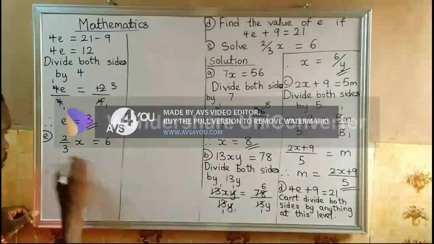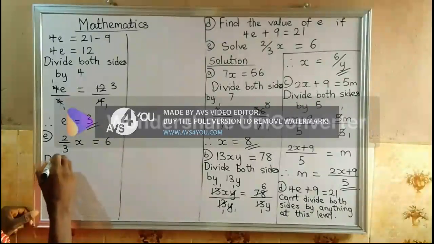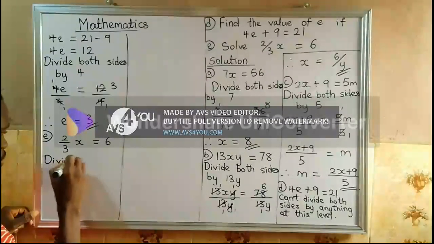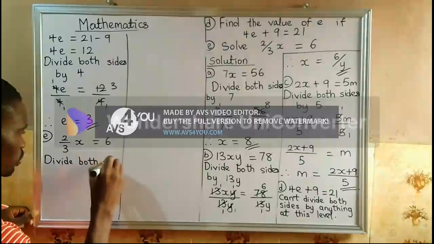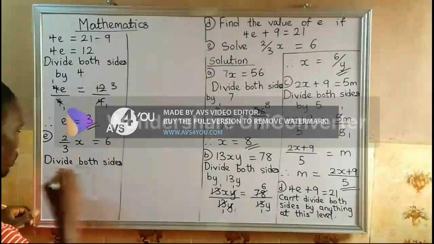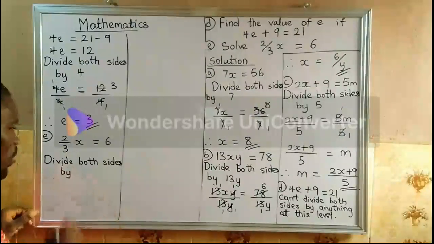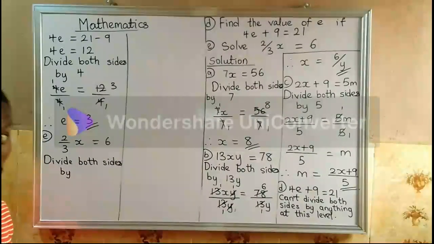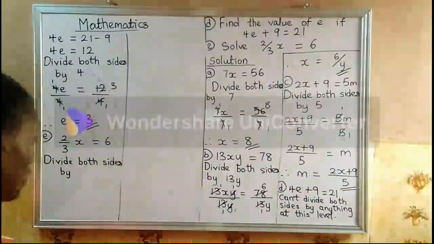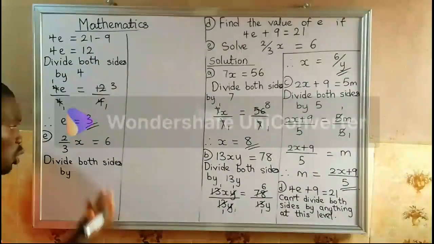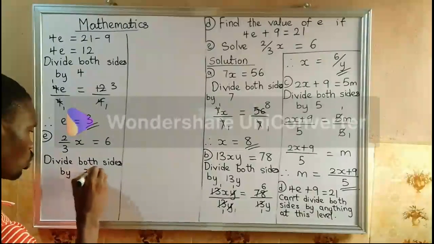So we divide both sides by what? Remember, we have to divide both sides by the coefficient of the variable we are looking for. So in this case, the coefficient of x, which is 2 over 3.